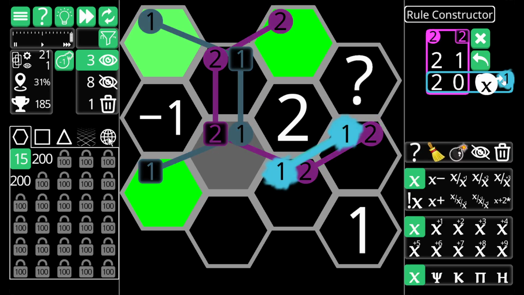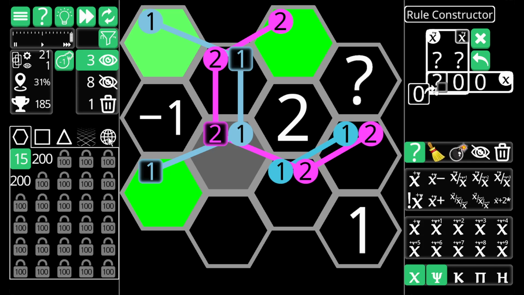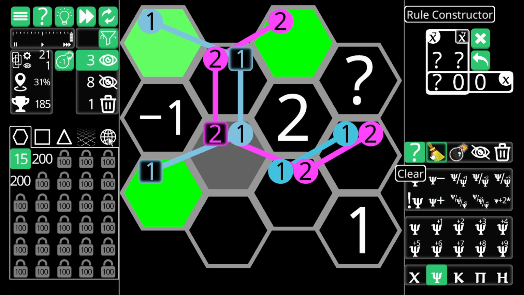So if there's X mines inside of a positive region of an X plus Y labeled region, then the part where they don't overlap is, hello?